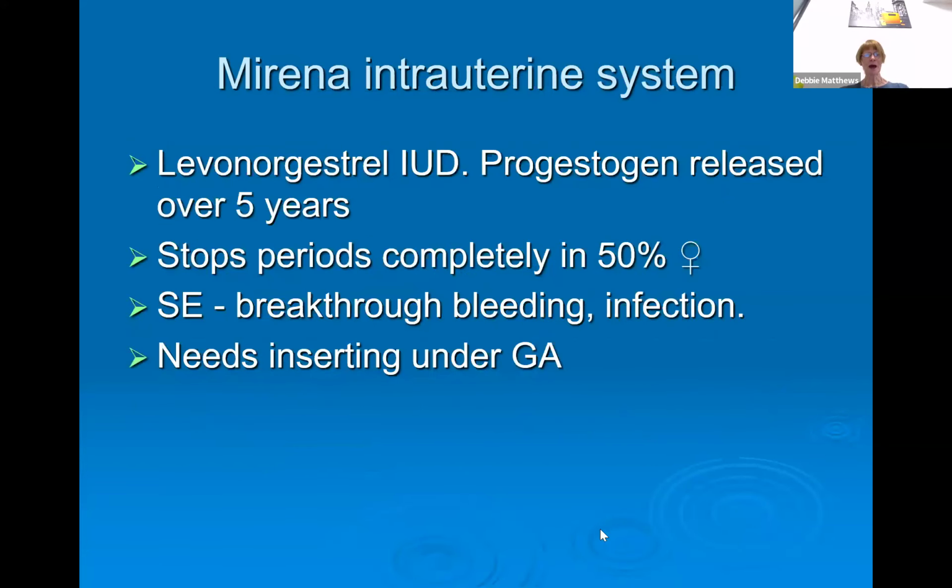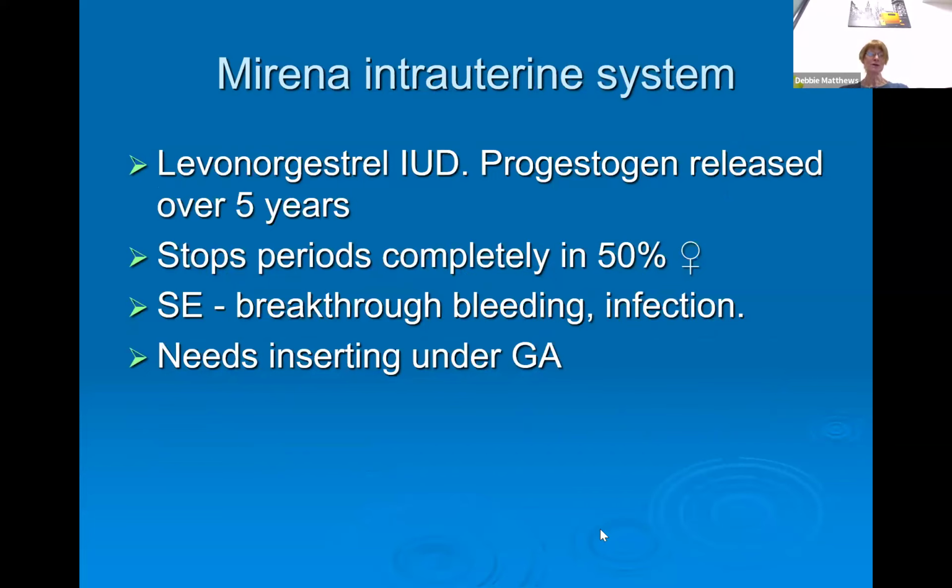What about the levonorgestrel releasing intrauterine device? They sit in the intrauterine cavity, and progestogen is released over about 5 years. They stop menstrual periods completely in about 50% of healthy women. Side effects are rare, but include breakthrough bleeding and infection, and they often give rise to some crampy abdominal pain after insertion.